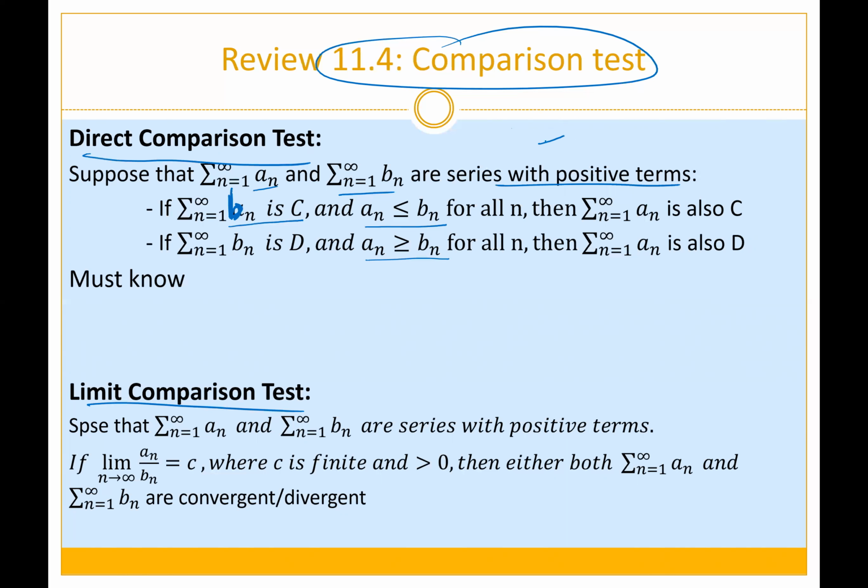And if something small already diverges, the bigger one also has to diverge. Graphically speaking, the thing you must know here is the convergence of the series bn for comparison.